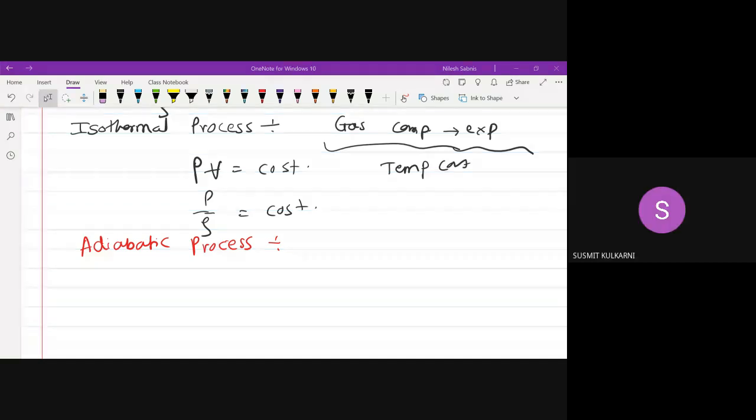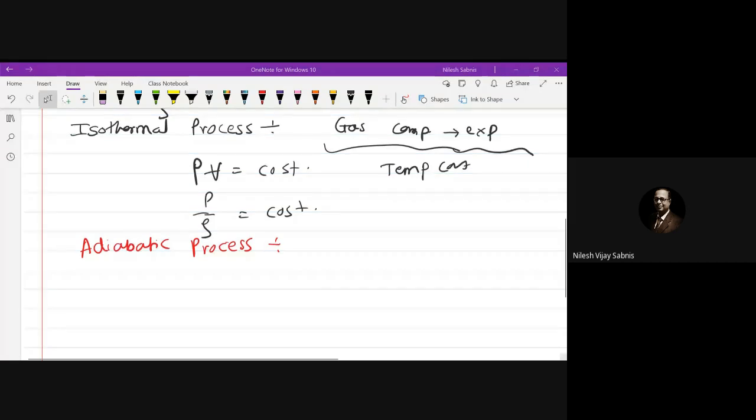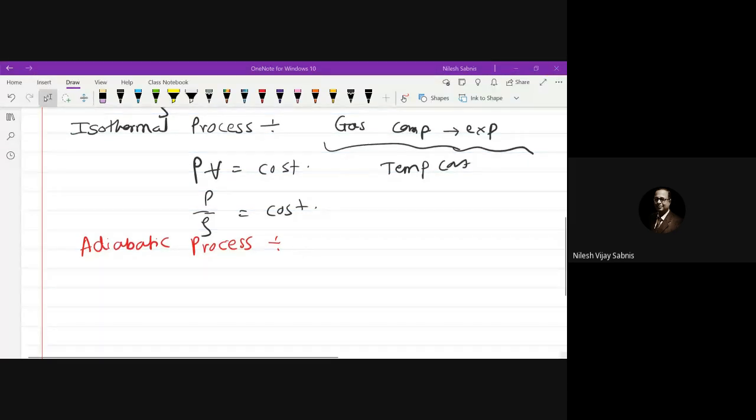Sir, it is the irreversible process. Okay, but what is remaining constant in the adiabatic process? What happens when there is a compression or expansion of gas in the adiabatic process?